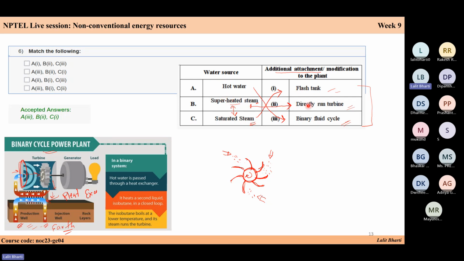Then you can directly run the turbine with the superheated steam, and the hot water will go through the binary fluid cycle. So these are the different steps. You can also see here, hot water is passed through the heat exchanger. It heats a second liquid, isobutane, in a closed loop. The isobutane boils at a lower temperature and its steam runs the turbine. So these are the multiple steps.